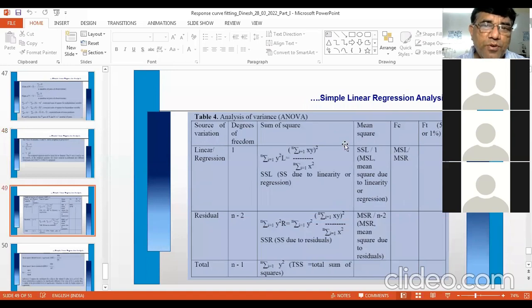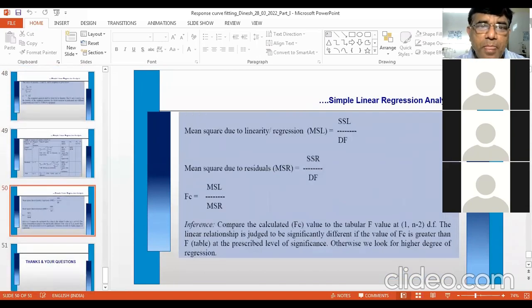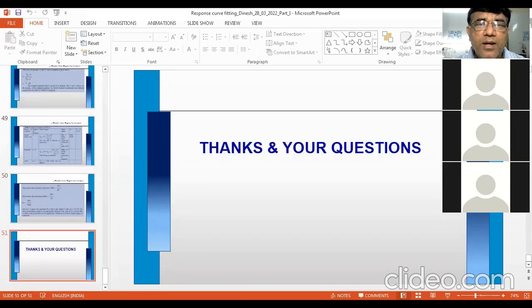For that, you need to go for the ANOVA test, which I will explain in the next part. Then you calculate the value of F calculated and compare it with the table value, and your equation can be declared significant or not, linear or not.